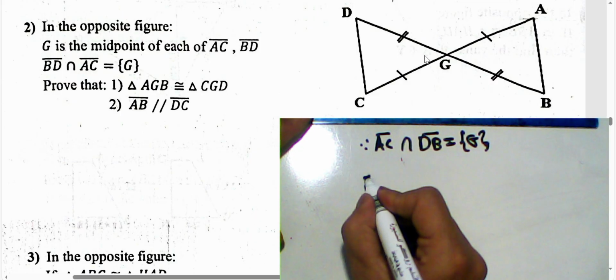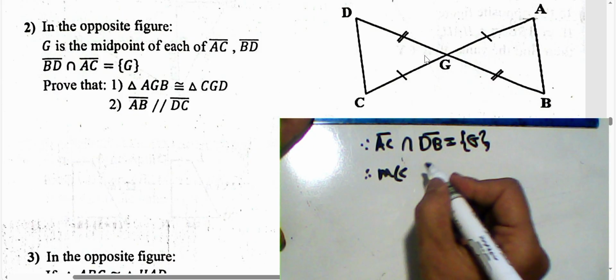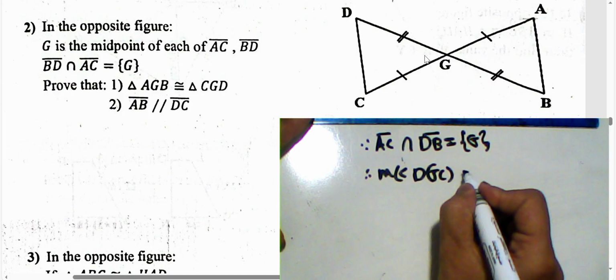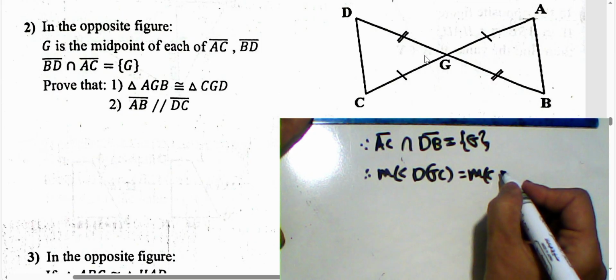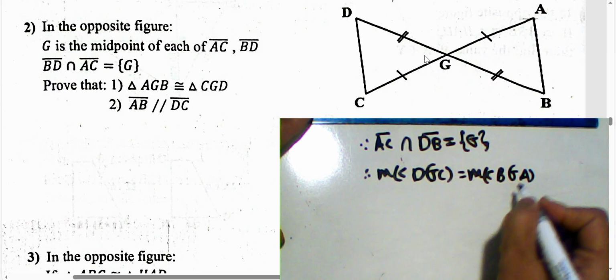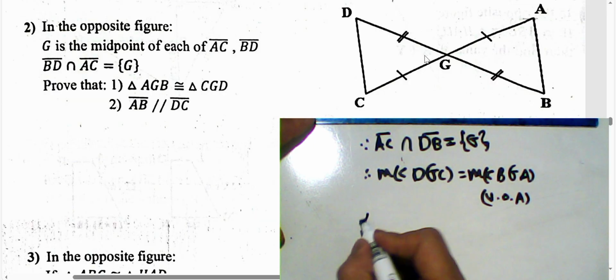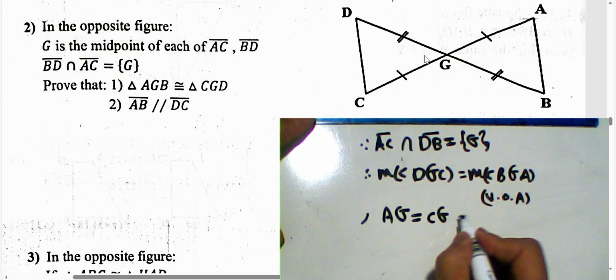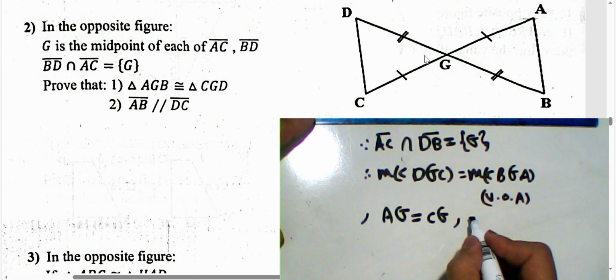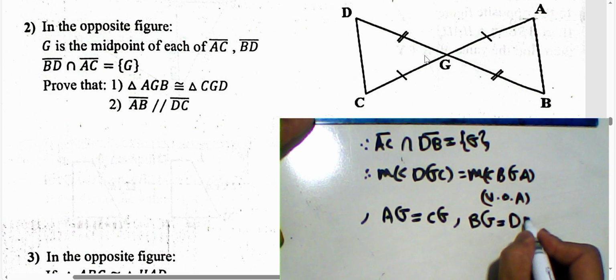Okay, then the measure of angle DGC equals the measure of angle BGA, vertical opposite angles. And also we have AG equal to CG and BG equal to DG.